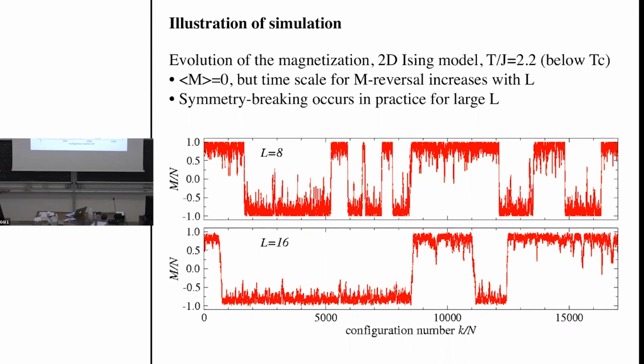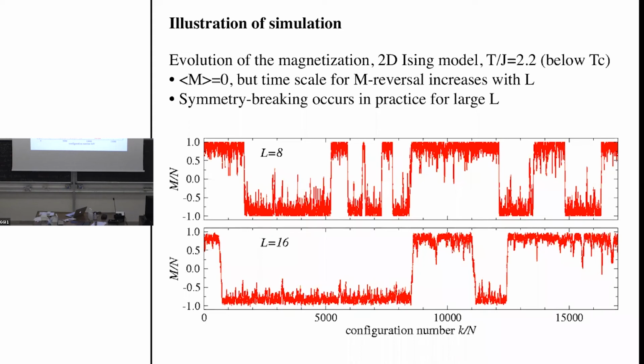And in fact, this is my configuration number divided by n. So these numbers would correspond to the natural time unit in the simulation, which is one time unit is n spin flip attempts. So you see that here the reversals happen quite frequently.